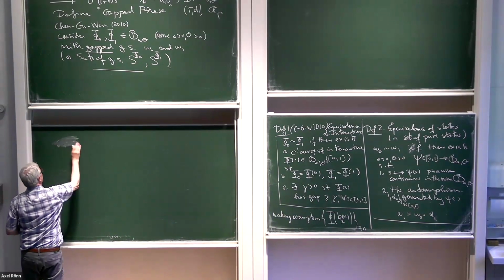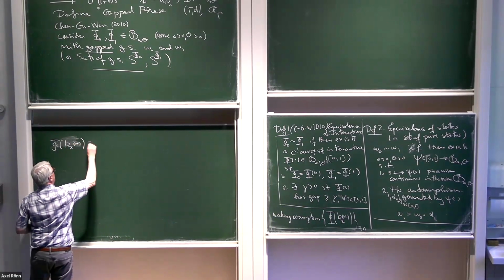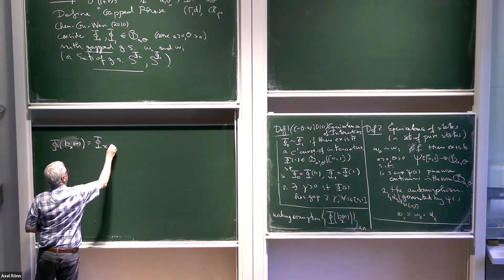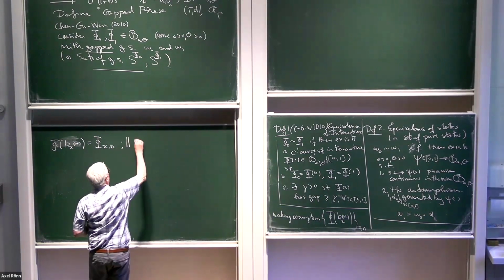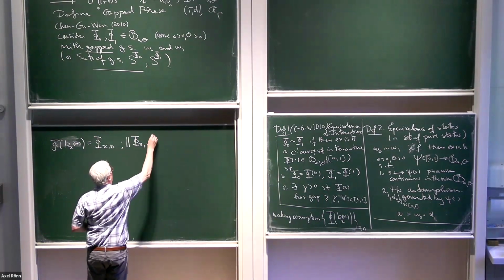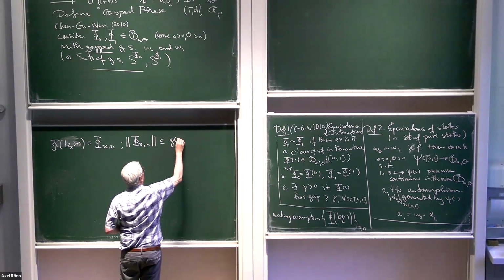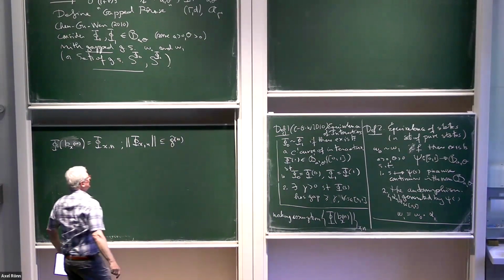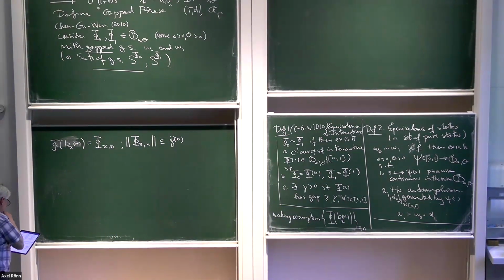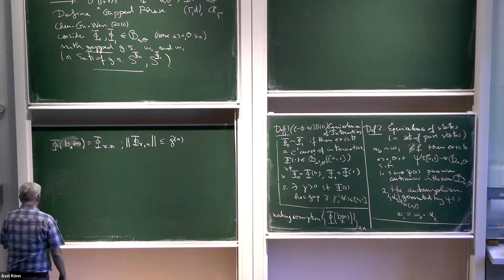I can simplify the notation and call this Φ(x,n), and the norm of Φ(x,n) is bounded by some function g of n. Maybe it's a slightly different function. And if I have a parameter dependent interaction, then I can put that variable there.